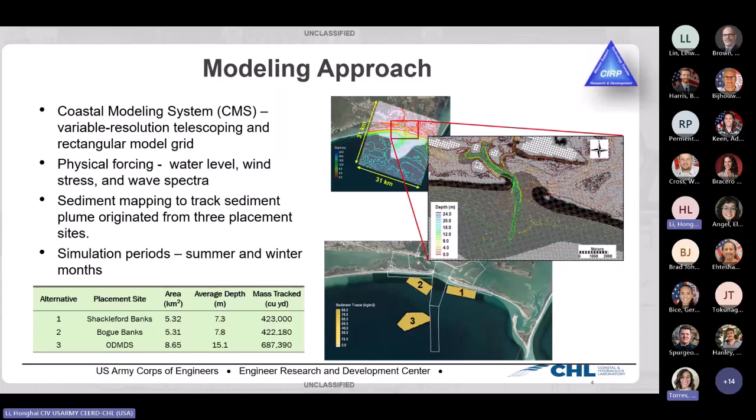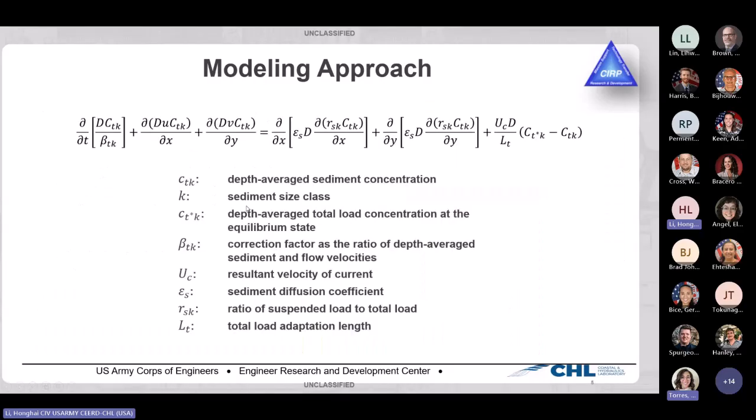Some people ask how you use the sediment mapping to simulate sediment transport, like a sediment tracer. In CMS, we have a transport equation like shown here, where K is the sediment grain size. A lot of the time we run single grain size sediment transport.